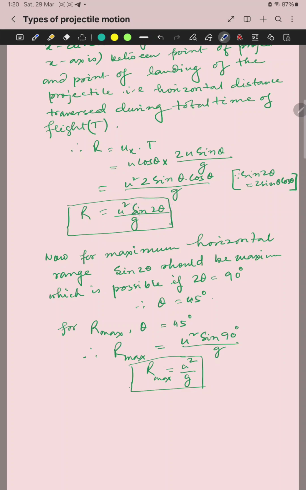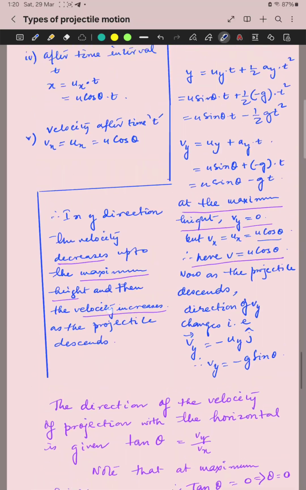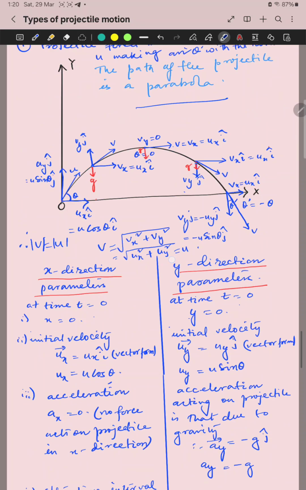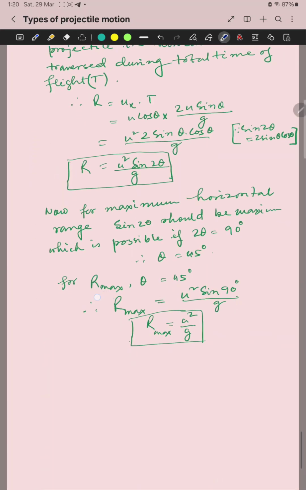For that we need 2 theta to be equal to 90 degrees, hence theta will be 45 degrees. So if the projectile is projected making an angle of 45 degrees with the horizontal, then we know that the range will be maximum and its value is given by u square by g.